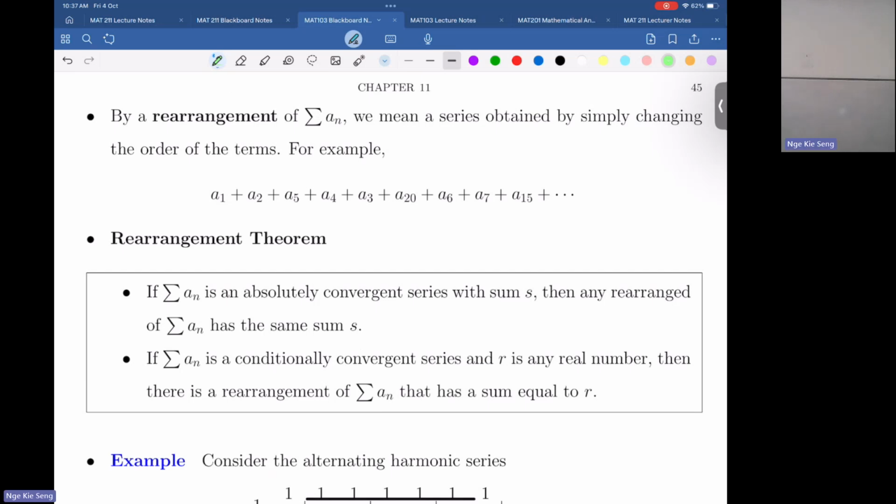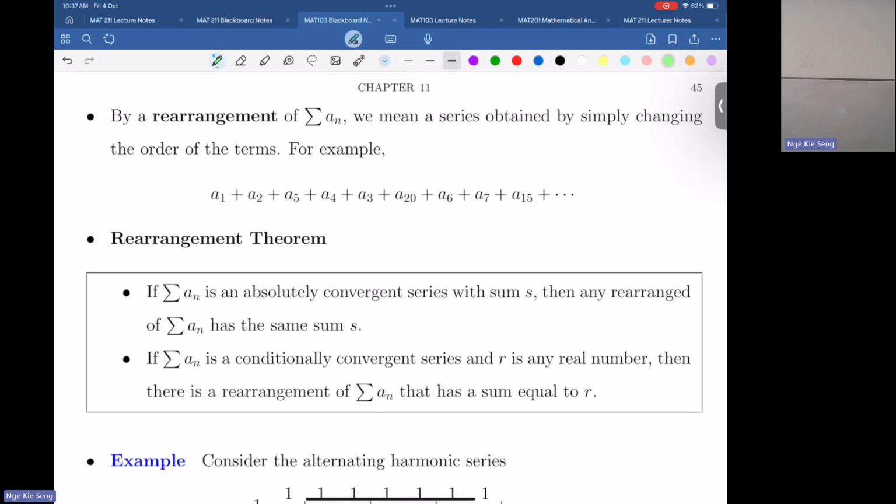Maybe you add to less than r again, but you still have a positive term. Add again, a bit more than r, but you still have a negative term again. Then you add back again, less than r. And then you can go around r, and you can prove that this converges to r. Actually, it is like the alternating series, but the alternating series is just plus minus plus minus.